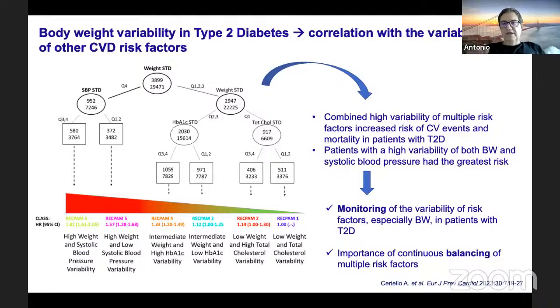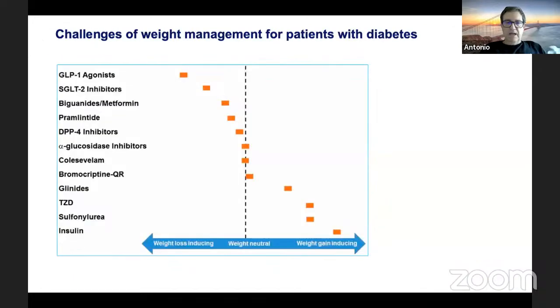So it's not surprising that body weight variability is emerging as the most important risk factor compared to the other risk factors. Of course, this kind of evaluation was corrected for the baseline value of all the risk factors.